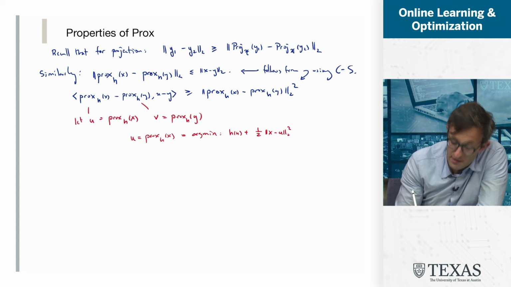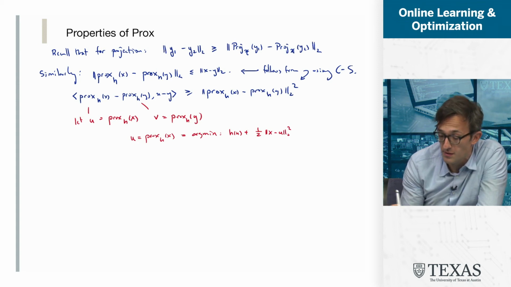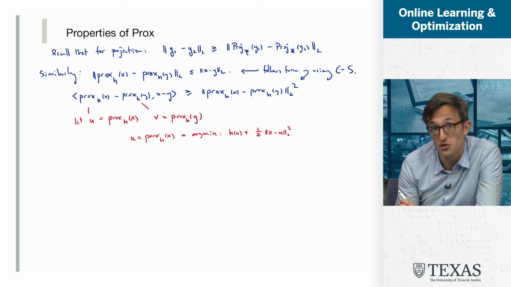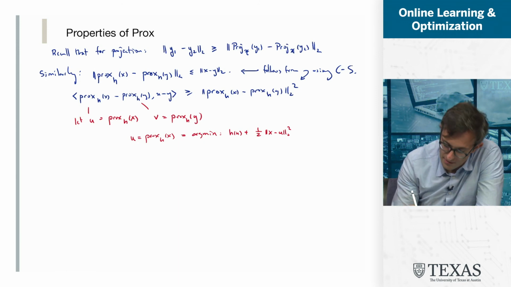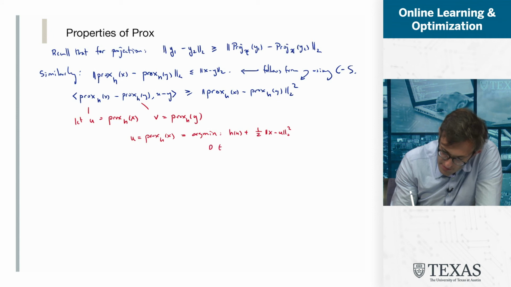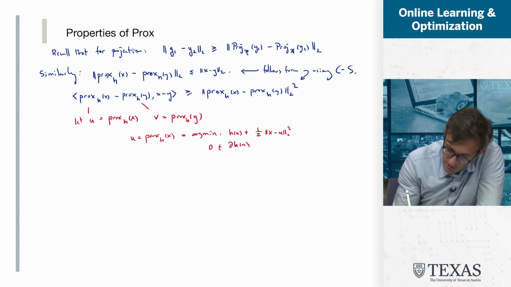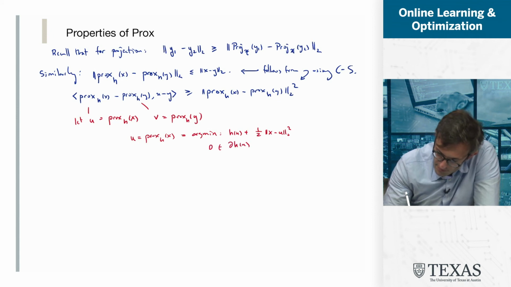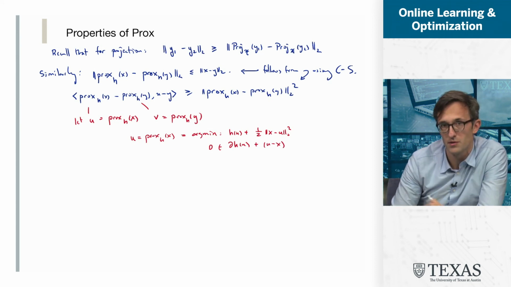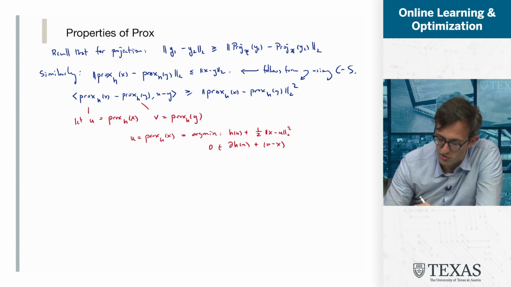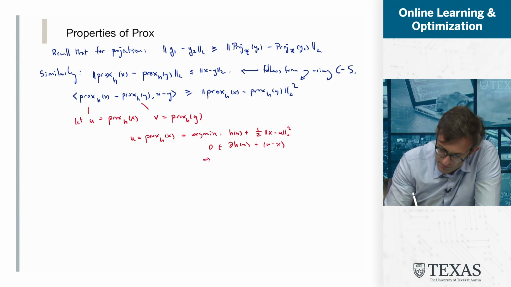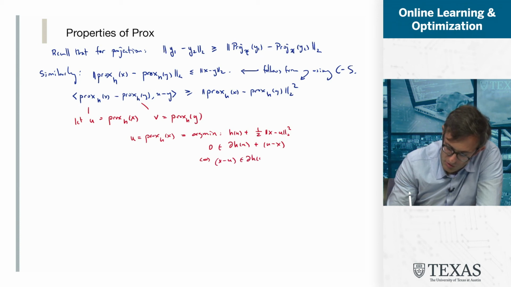which is equivalent, just by taking the subdifferential, looking at our characterization of an optimal solution, to writing that 0 is an element of the subdifferential of h of u plus u minus x. There's a sign flip there because of chain rule. Or x minus u is an element of the subdifferential of h of u.